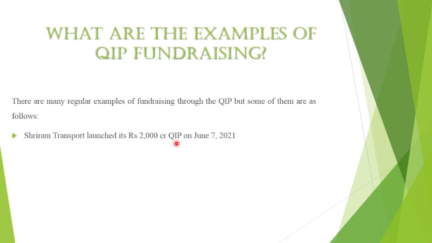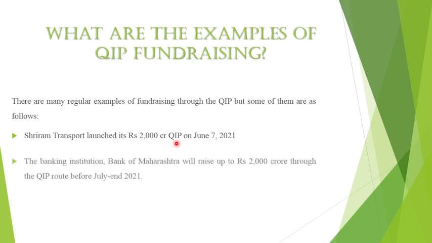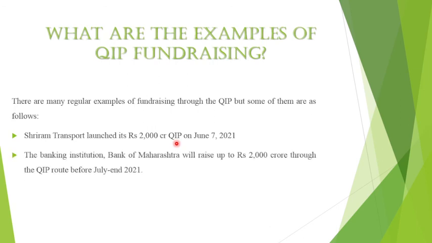Shriram Transport launched its rupees 2000 crore QIP on June 7, 2021. The banking institution Bank of Maharashtra will raise up to 2000 crore through the QIP route before July end 2018.